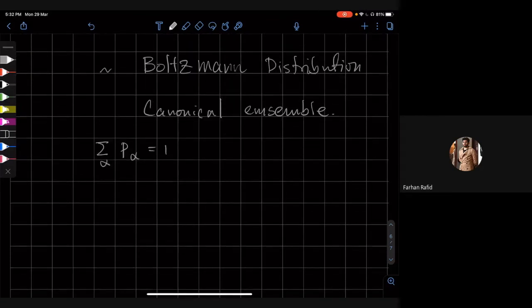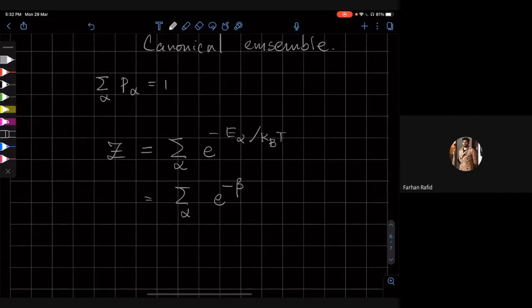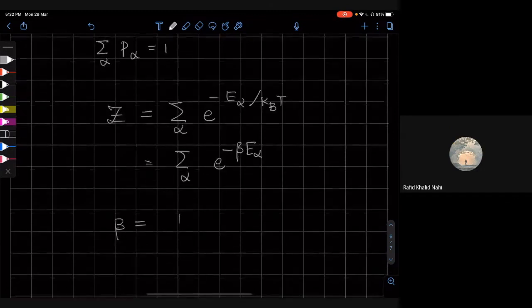Then Z is going to be the sum over alpha of e to the power minus E alpha by kBT, which we also write as the sum over alpha of e to the power minus beta E alpha. So beta is a commonly used term for 1 over kBT. It's the inverse temperature in units of 1 over kB.